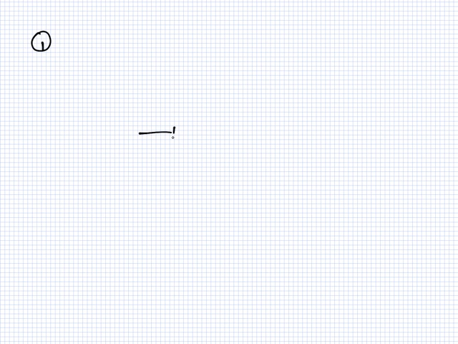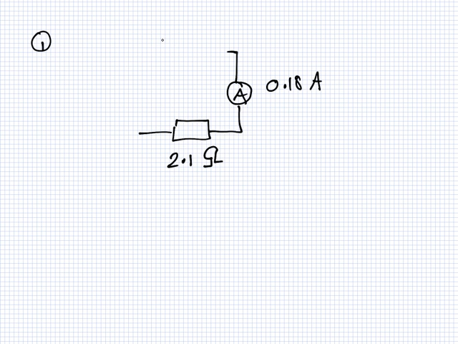What I did was I said you have a 2.1 ohm resistor, and when it's connected up, you get a 0.18 amp current. You went to 2.1, I just said I changed the numbers.